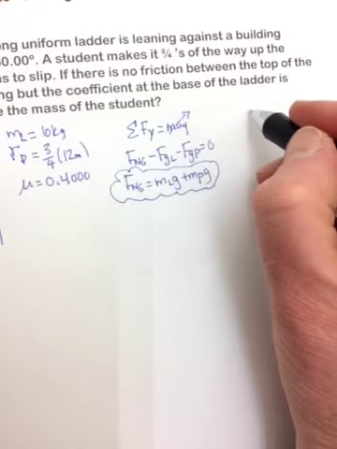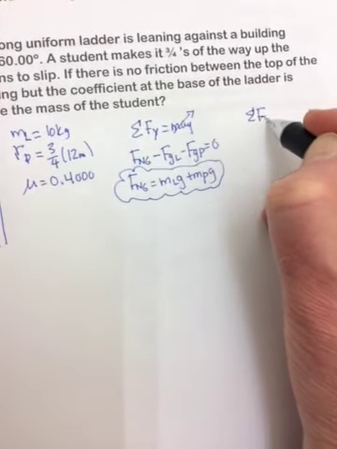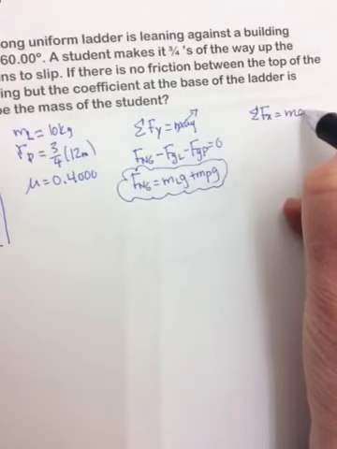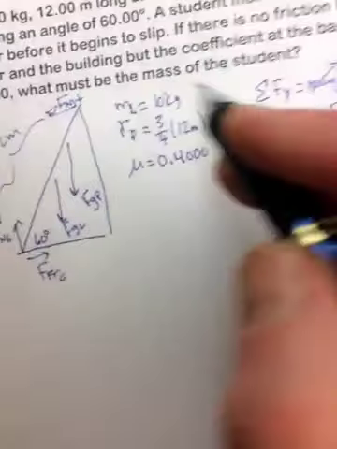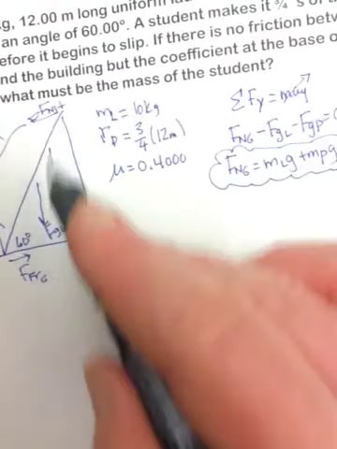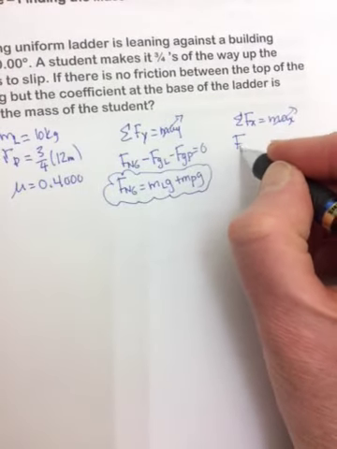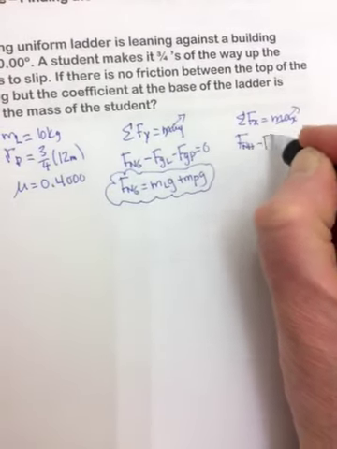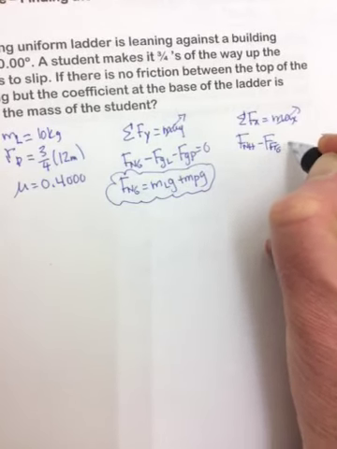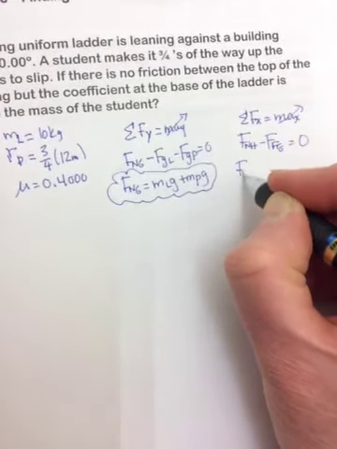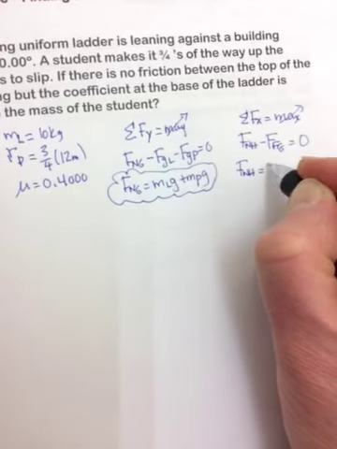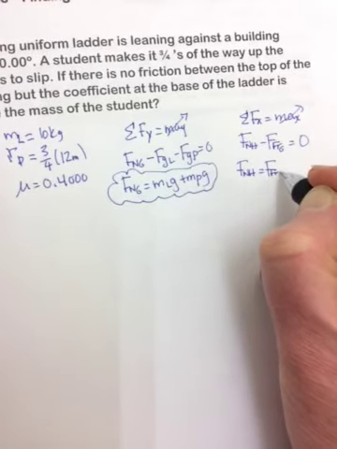So then go to sum of the forces in the x direction equal to MAX, which is 0. And in the x direction, there's going to be the F normal of the house and the F friction of the ground. So F normal of the house minus F friction of the ground equals 0. Which means F normal of the house equals the friction on the ground.